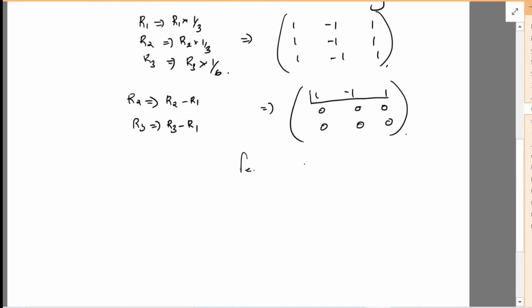What are the free variables here? There are two free variables, y and z.